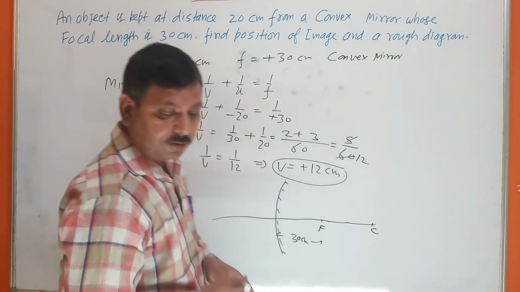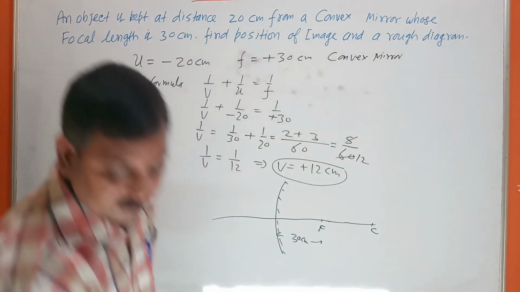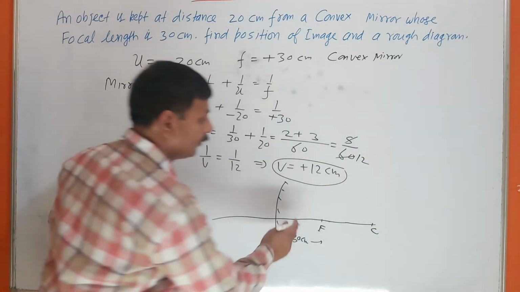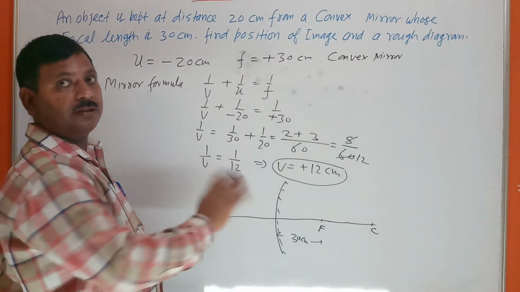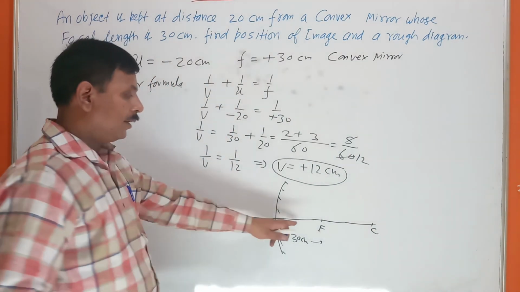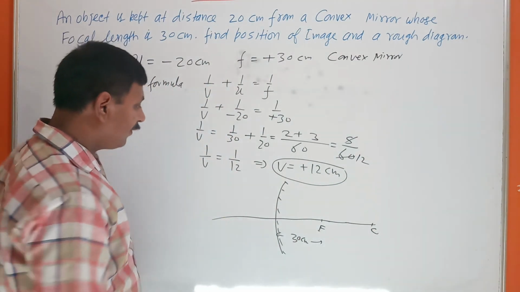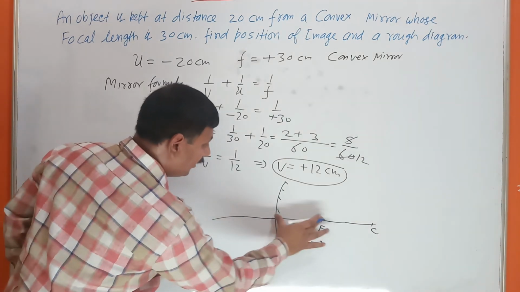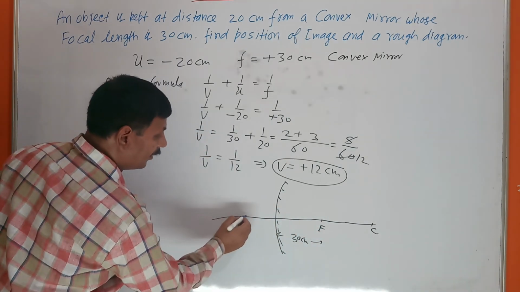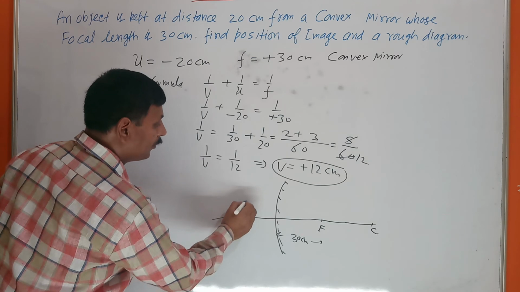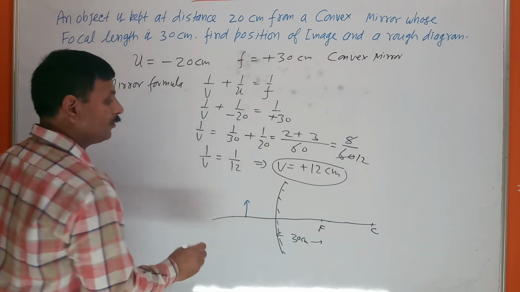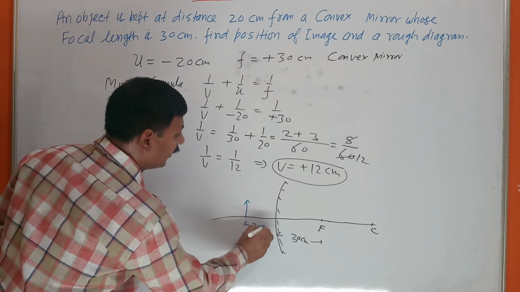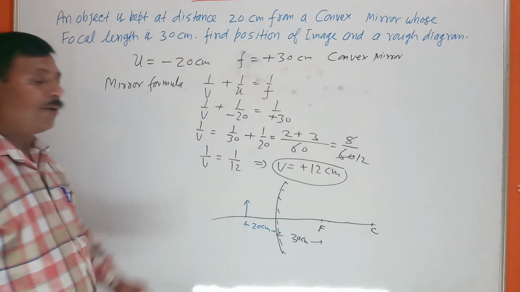The center of curvature will be at 60 centimeter, because the center of curvature is just double, R is twice of F. And here at 20 cm I have taken this object, this is 20 cm, the u is 20.